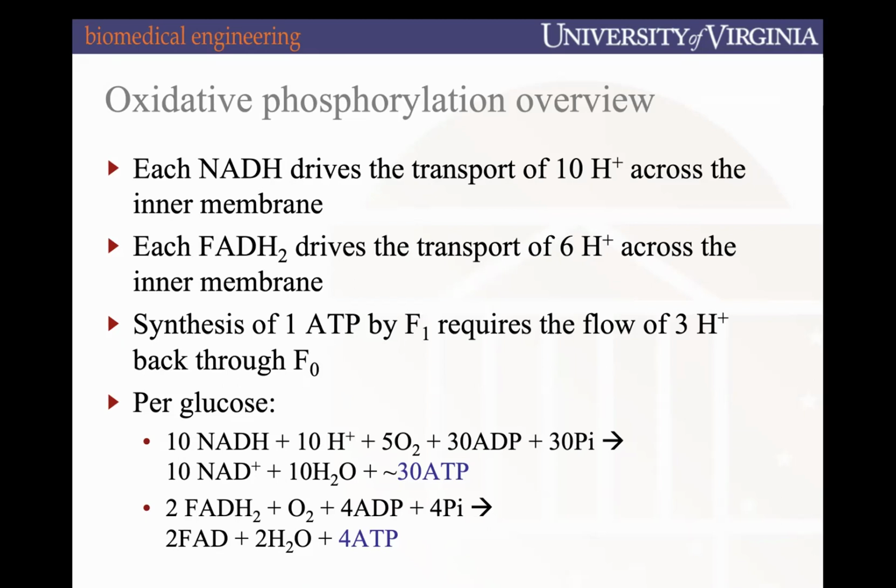Because of that, what truly happens does not often correspond to the max theoretical yield of how many ATP we can get from one glucose molecule during oxidative phosphorylation. So that's why a lot of times you're going to see approximations of how many ATP we can generate from one molecule of glucose.